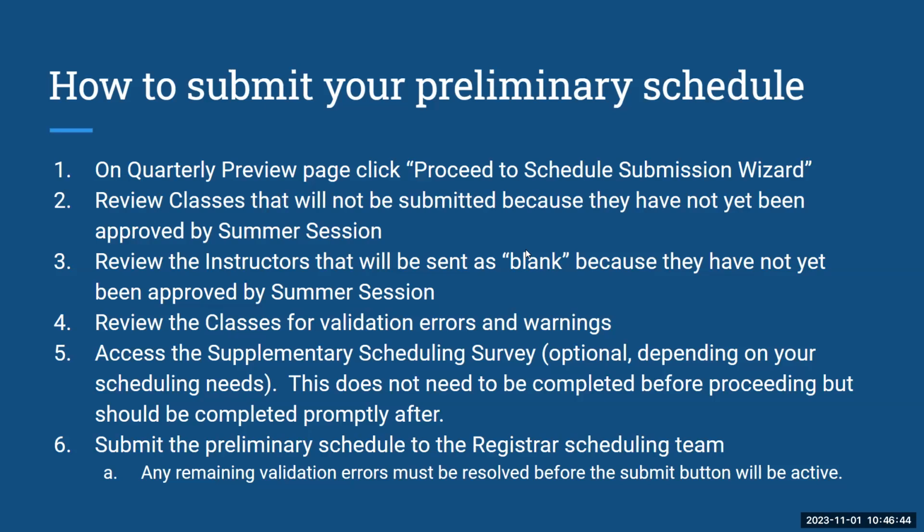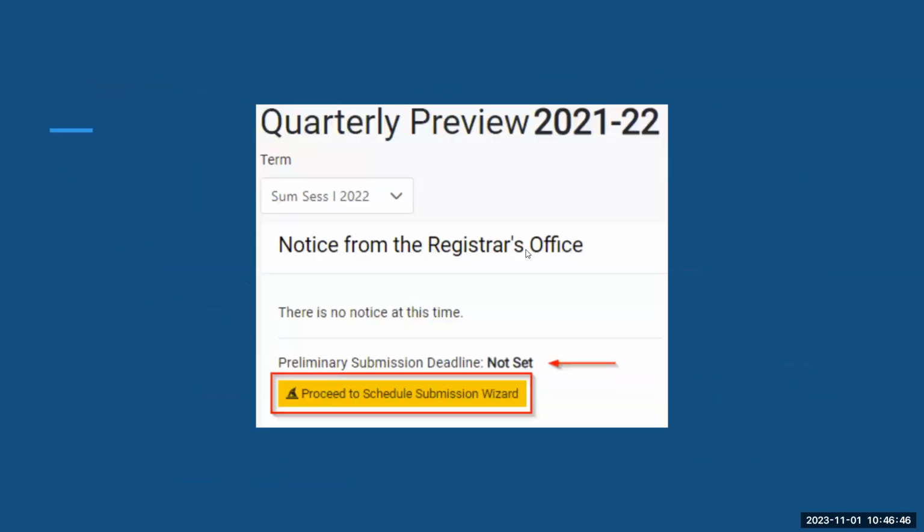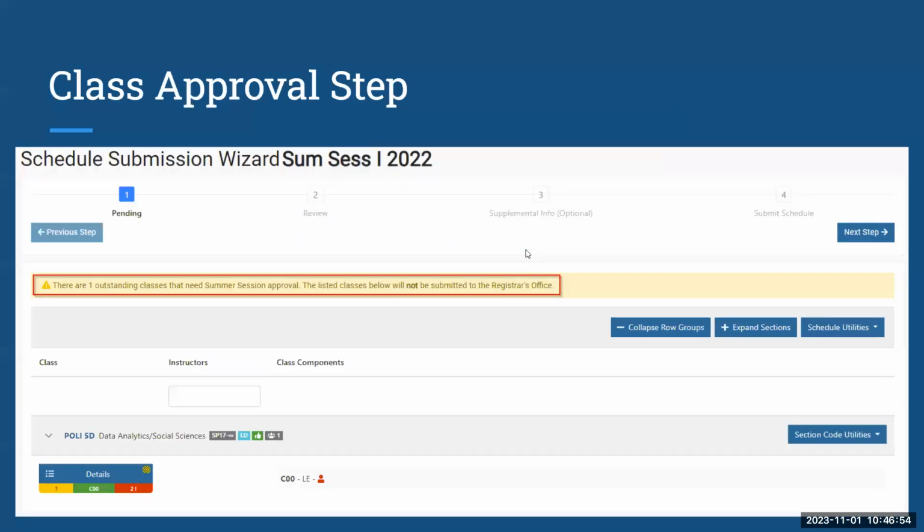Right. Okay. So you're in the quarterly preview. There's that nice button that says proceed to schedule submission wizard, and then it's going to take you through the steps. The interface has changed a little bit, but it's still basically the same.